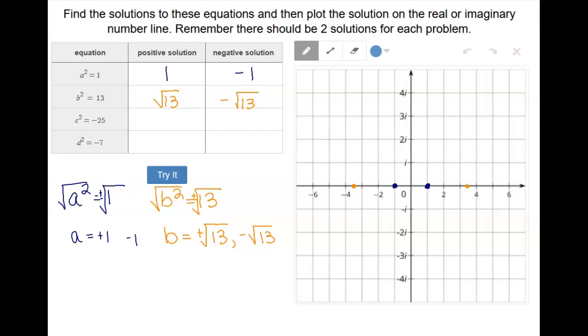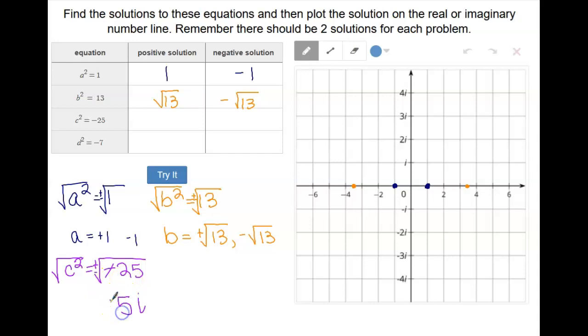And now we move to c. And so c squared is equal to negative 25. And typically we would say that there's no solution because you can't square a number and get a negative. But now that we have i, we can take the square root of a negative number. So remember, this changes to the i, and then we take the square root of the number that's underneath.